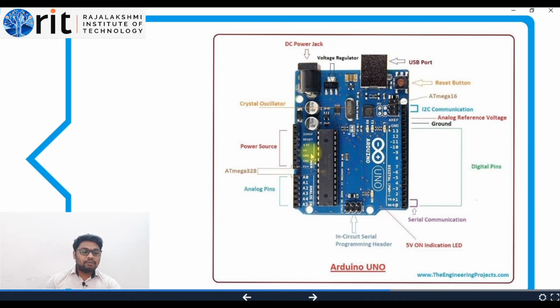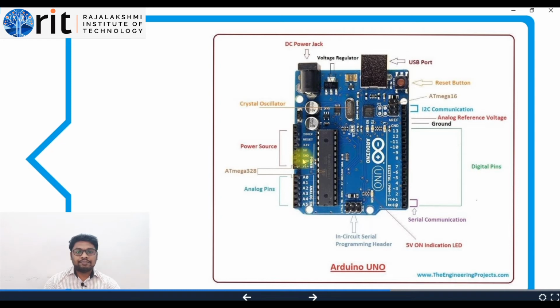Now let's talk about the different pins available on the Arduino board. Without knowing which pins do which function, we cannot do anything. So let's get into these pin configurations. On the left side we can see that nearly 8 to 10 pins are available. We call them power source pins.